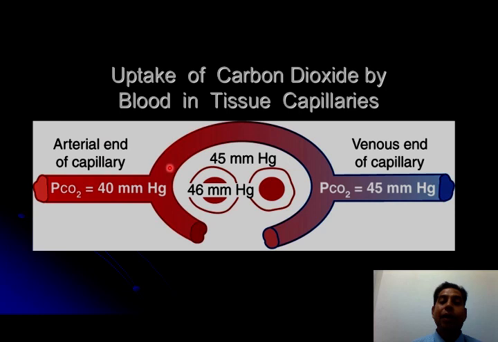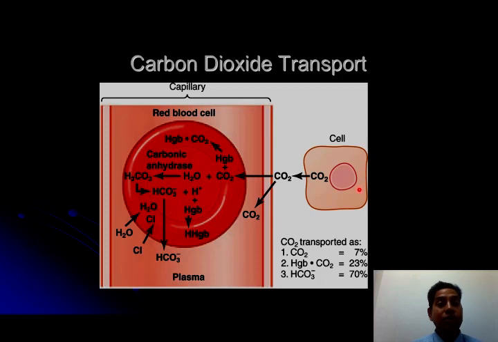So by the time the blood reaches the venous end of the capillary, it has picked up 5 millimeters mercury worth of carbon dioxide. That means it is now high in carbon dioxide. So this blood has now got to be transported to the lungs to be expired. Now, what are the various forms in which the carbon dioxide is transported?